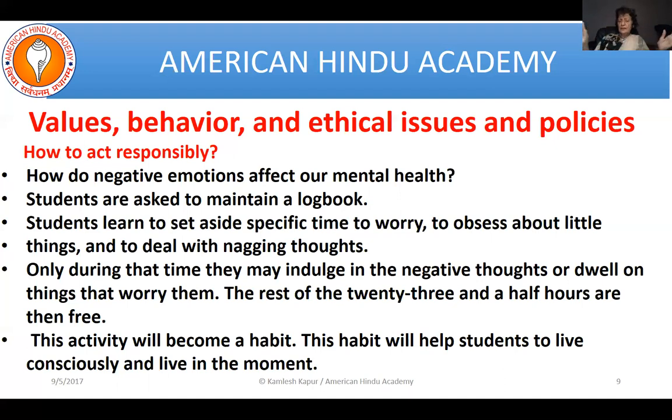There was nothing that I needed to worry about. This is self-purification. This is Hindu Dharma in practice. How to get rid of negative feelings, negativity, self-doubt, any kind of worry. So this activity will eventually become a habit. This habit will help students to live consciously and live in the moment.